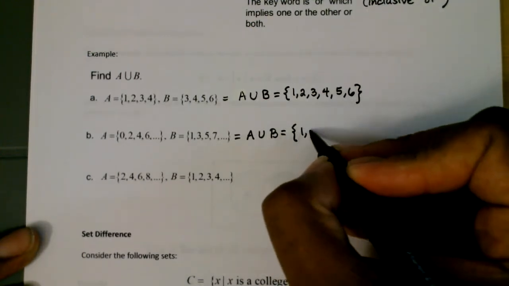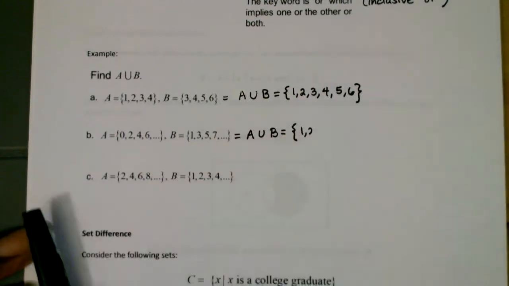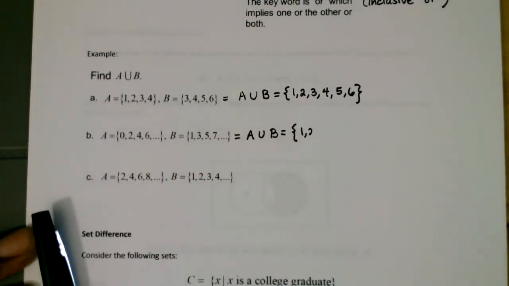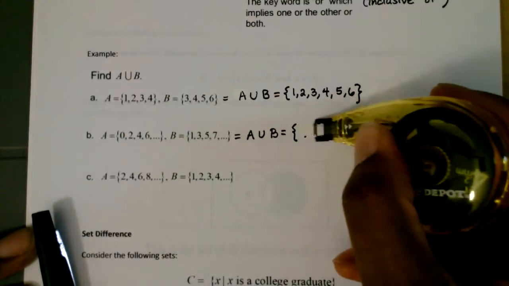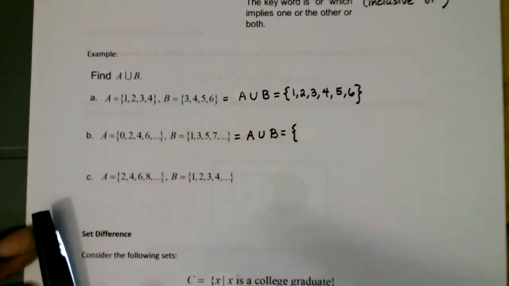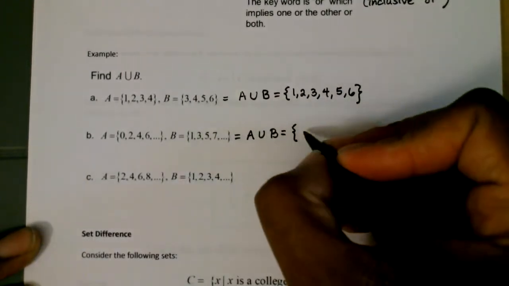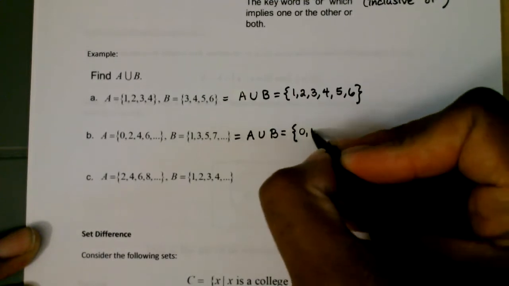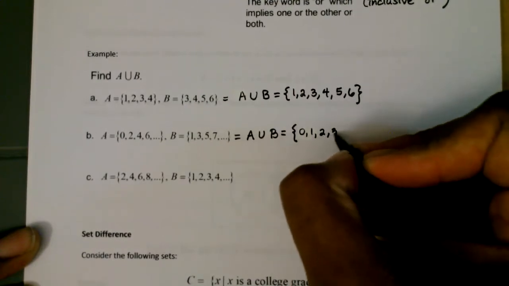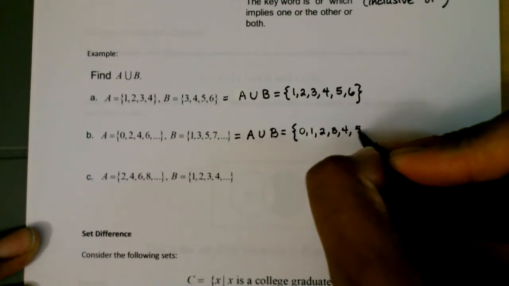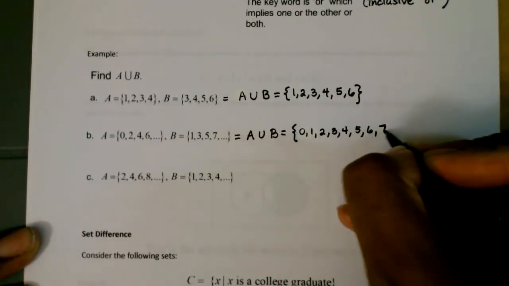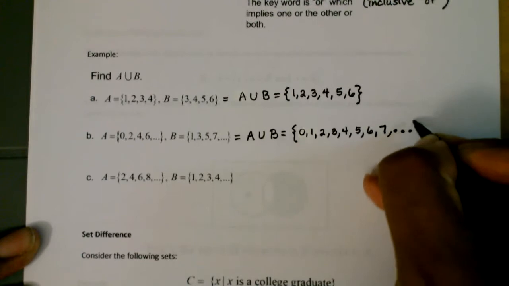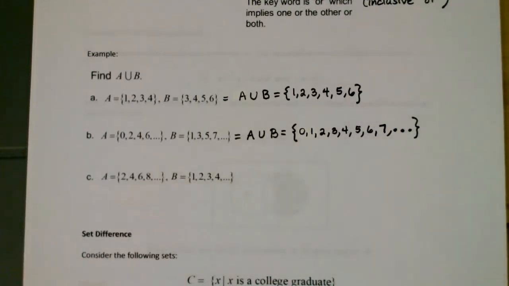So in this case, this will be 1. Actually, it starts with 0, I'm sorry. There's 0 right there. Let's start with 0. And then 1, 2, 3, 4, 5, 6, 7, and so on, since they're both infinite sets.